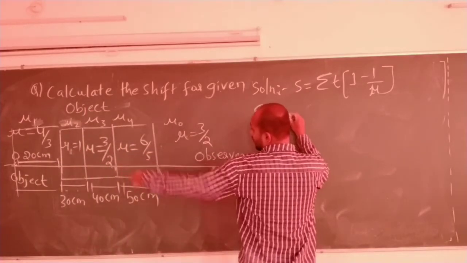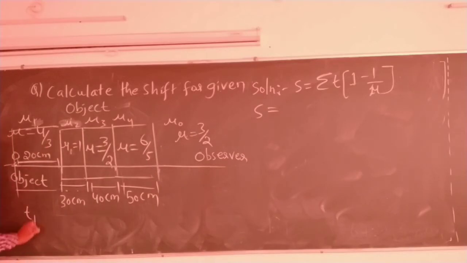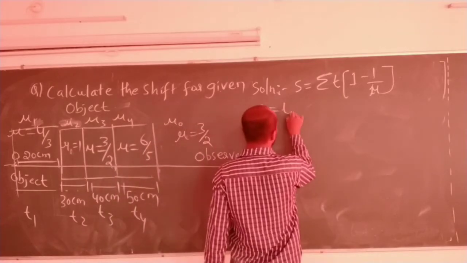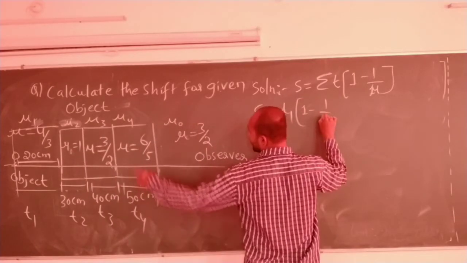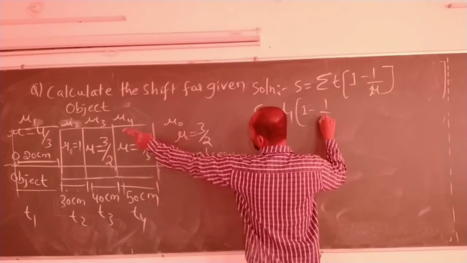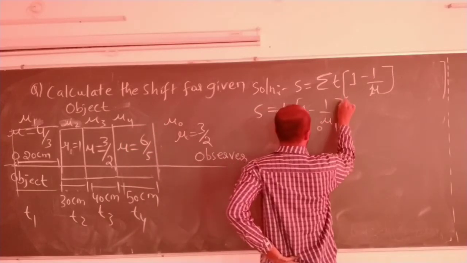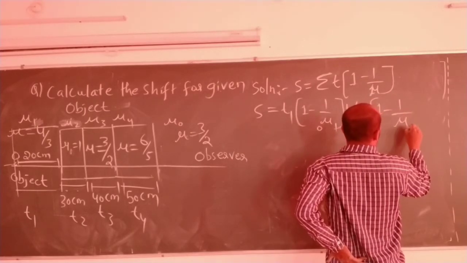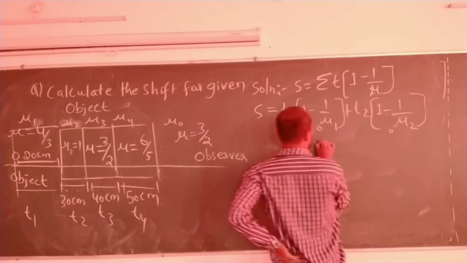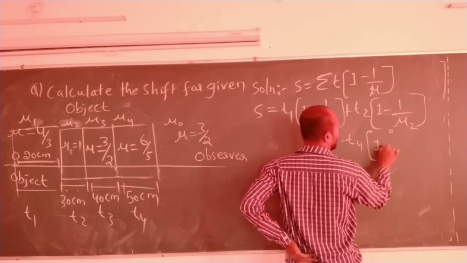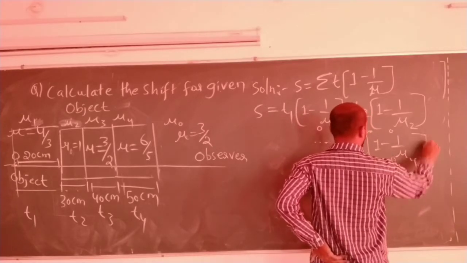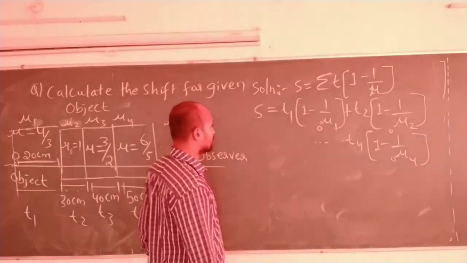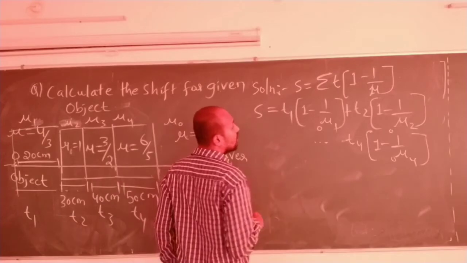According to this, if I take these as T1, T2, T3, T4, this will become T1 into 1 minus 1 divided by mu1 with respect to observer, plus T2 into 1 minus 1 divided by mu2 with respect to observer, and so on up to T4 into 1 minus 1 divided by mu4 with respect to observer. If I solve for this, the refractive index of the first medium with respect to the second medium, correct now?